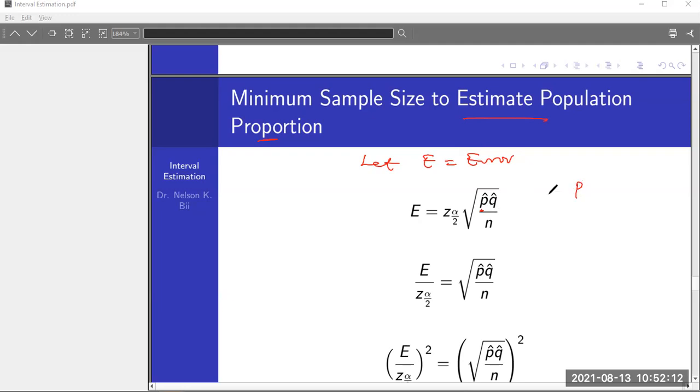So then Q is given by 1 minus p, the estimate of the population without the characteristics of interest. N is the sample size. Then this is the value of Z corresponding to the level of significance given. That's alpha.